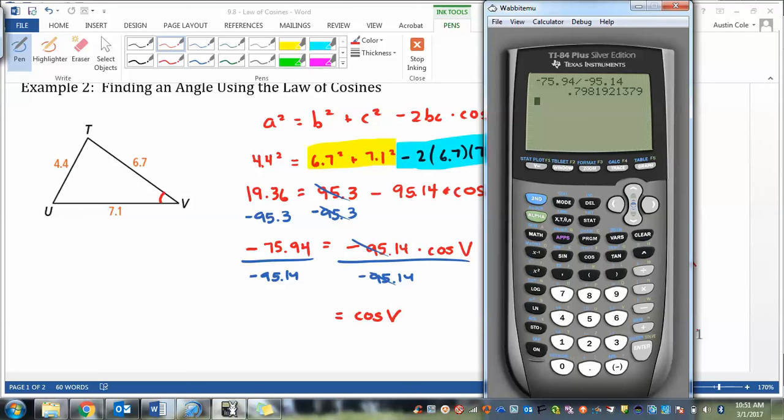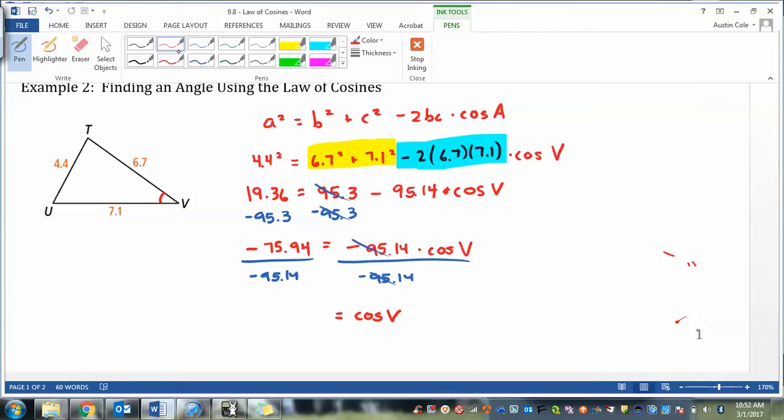Now that's cosine of V. I don't want the cosine of V. What do I want? I want angle V. So how do I get angle V? Inverse. So second cosine. And then I'm going to type whatever that number is, but I'm going to use my second answer button down here that we've talked about, and it's going to throw that answer in. Now I can hit enter. 37.04 is V. So V equals 37.04 degrees.